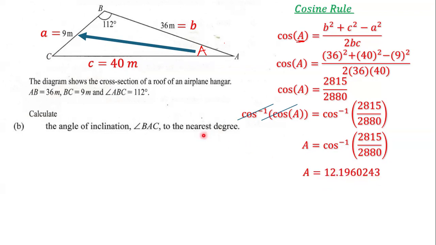But we want to write this correct to the nearest degree. And so we look at this number, it is 1, which is less than 5. And so that means that A is equal to 12 degrees. So the angle of inclination, BAC, correct to the nearest degree, is going to be equal to 12 degrees. And that's the answer to this particular question.